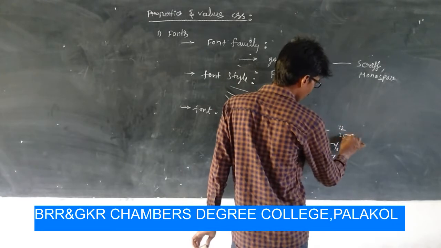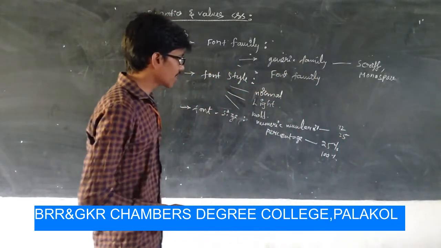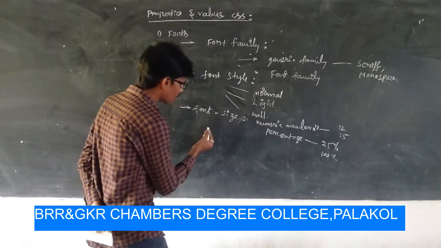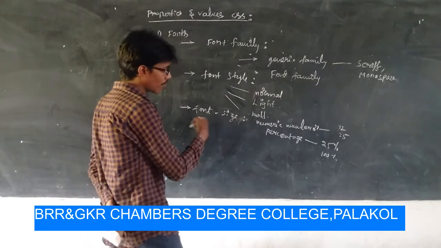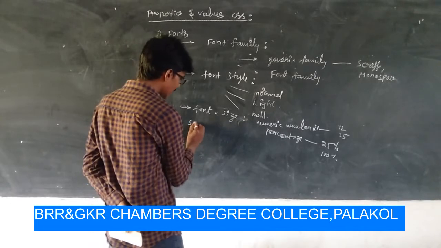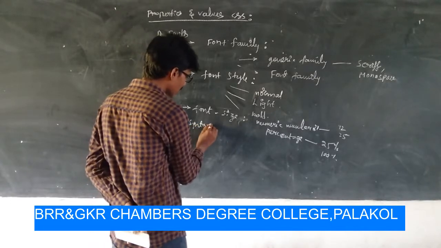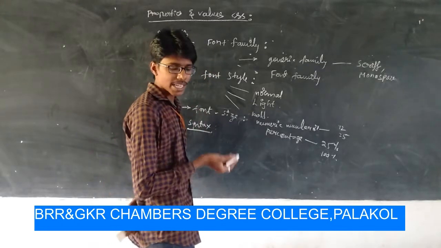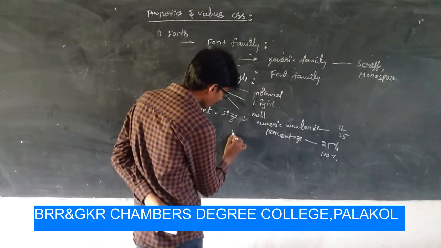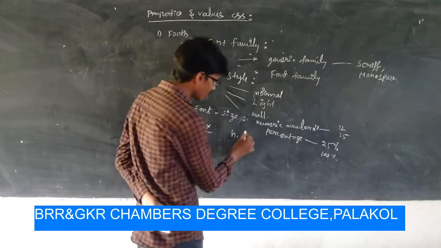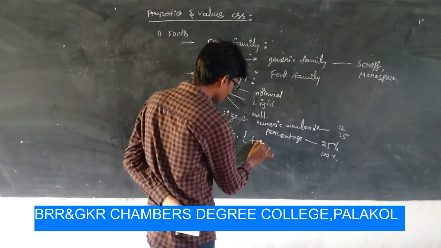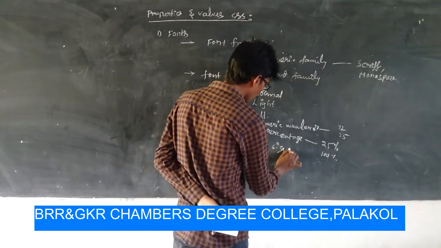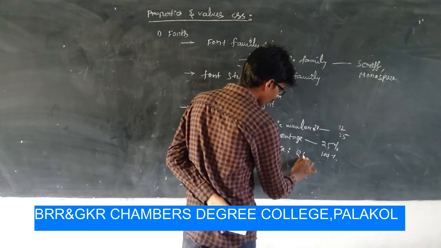That is 12, 25. For example, if you want to present this type of numeric size, the syntax for representation of font size is: for any element, meaning any tag, for example h1, you write the property font-size, and there you mention the value, that is 25.